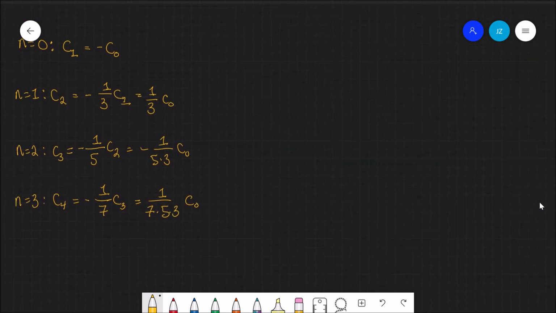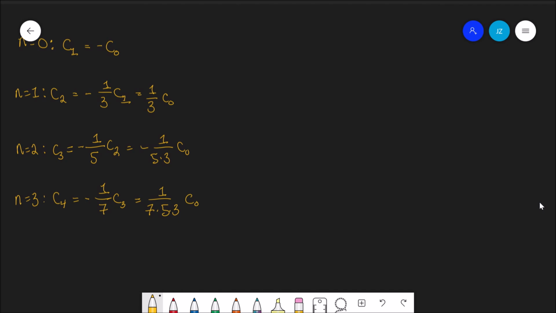So it would appear in general that for the r equals 0 case, we would have C sub n is equal to negative 1 to the n minus 1 times 1 over 2n plus 1 double factorial C naught.